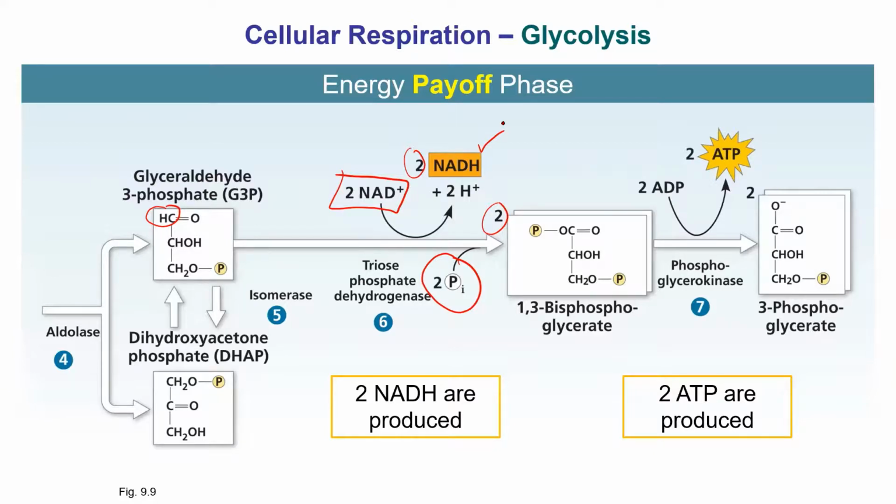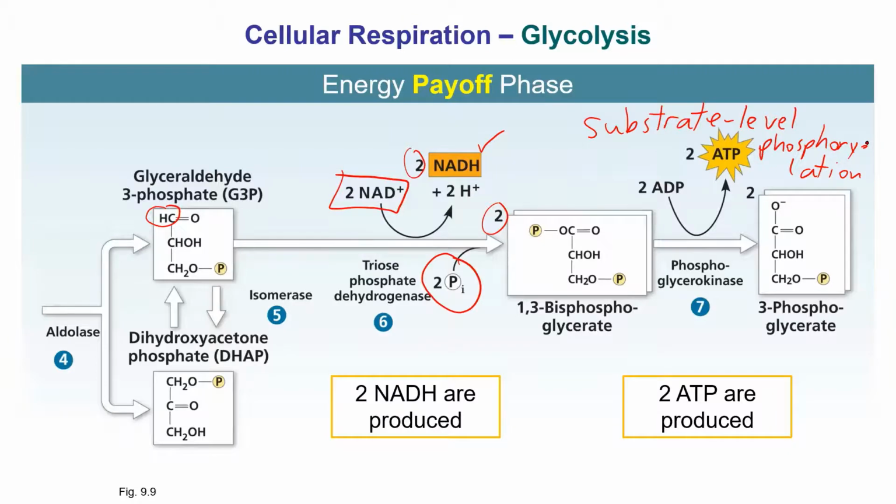Here is our first ATP being produced, and the way it's being produced is that term we called substrate level phosphorylation. So we've made 2 ATP at this point. So now we're at a 0 gain sum, right? Meaning we consumed 2 ATP, we've made 2 ATP, but we're not done.